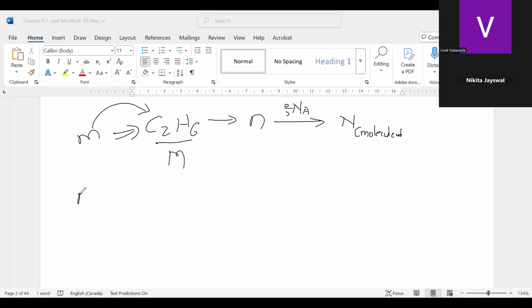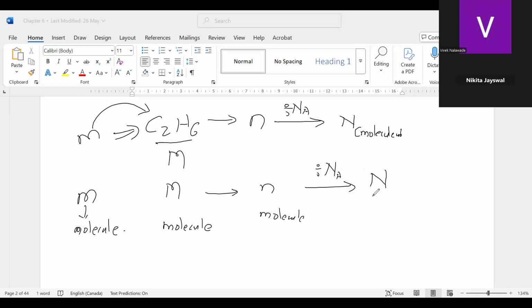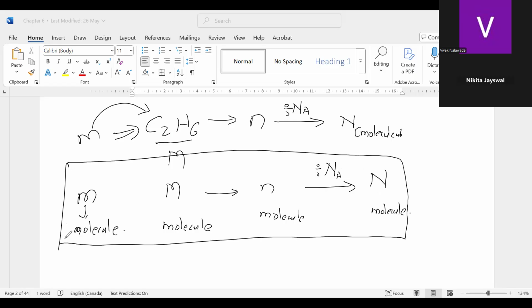So remember this, if the mass of the molecule is given, you use m of the molecule, you get n for the molecule, that is moles of the molecule. If you multiply by Avogadro's number, you get capital N for the molecule. At times the question gets extended and they ask us for N of atoms.